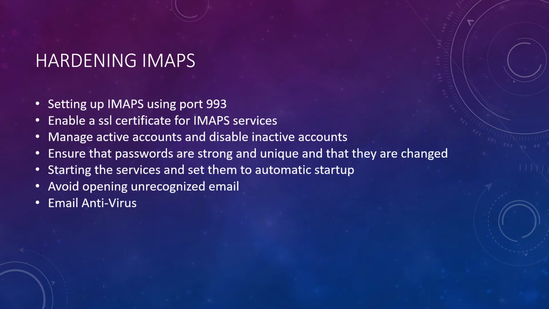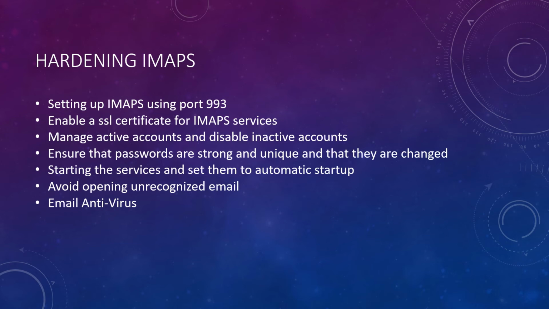Here are some hardening tips. Set up IMAP Secure using port 993. Enable an SSL certificate for the IMAP Secure services. Manage active accounts and disable any inactive accounts. Ensure that passwords are strong and unique, so they're not able to just guess your password and log in and create chaos for you.